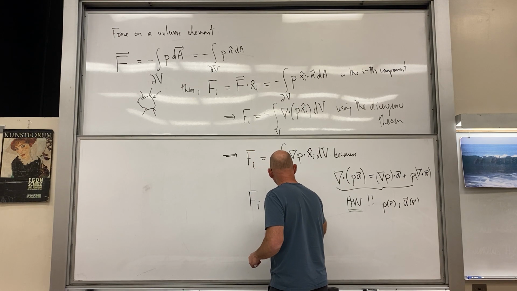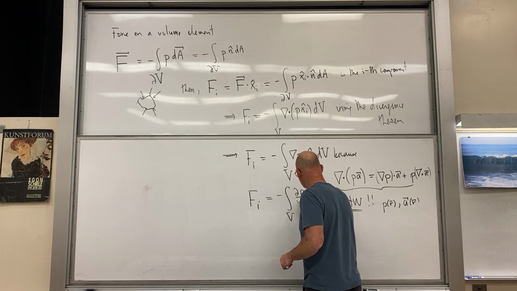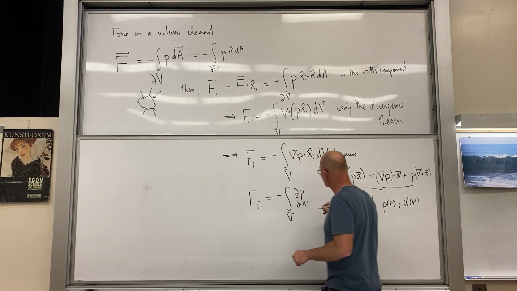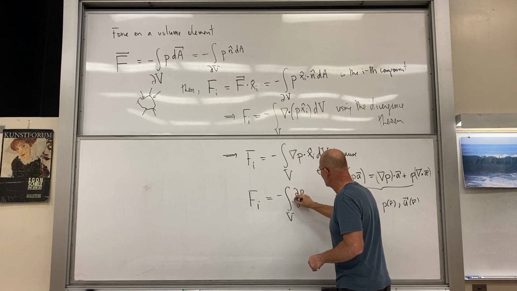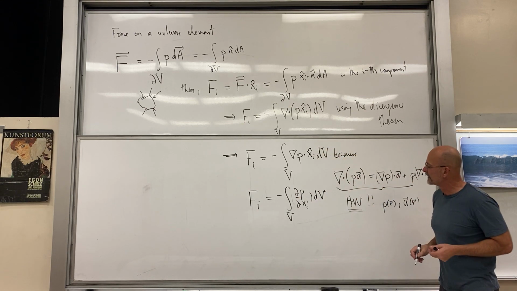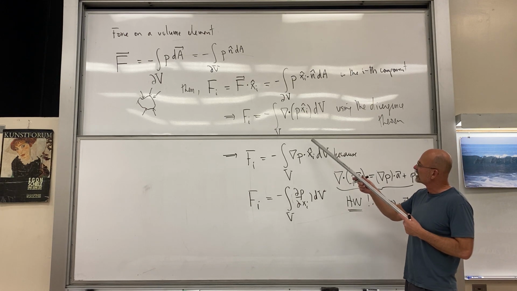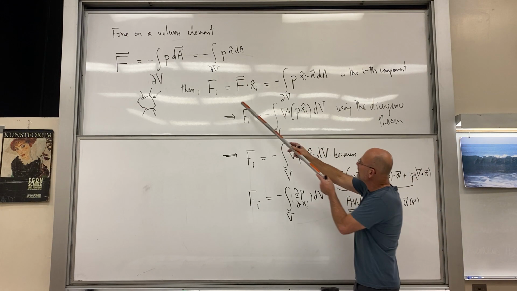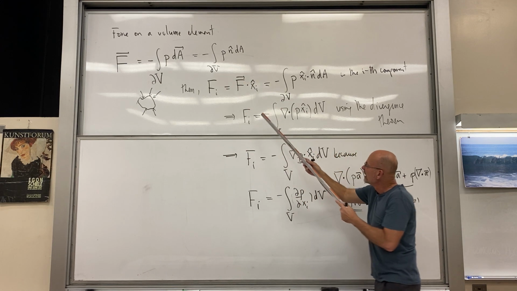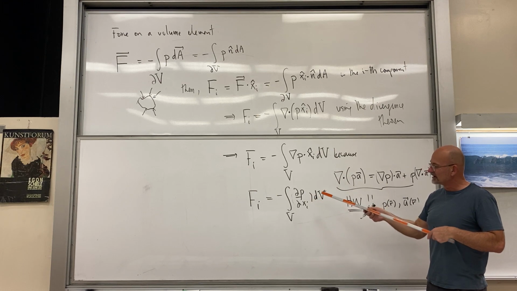F i is equal to minus integral over volume of dP/dxi d volume. Good, but then we can actually go back to the entire vector, and we see that we have minus the gradient d volume.